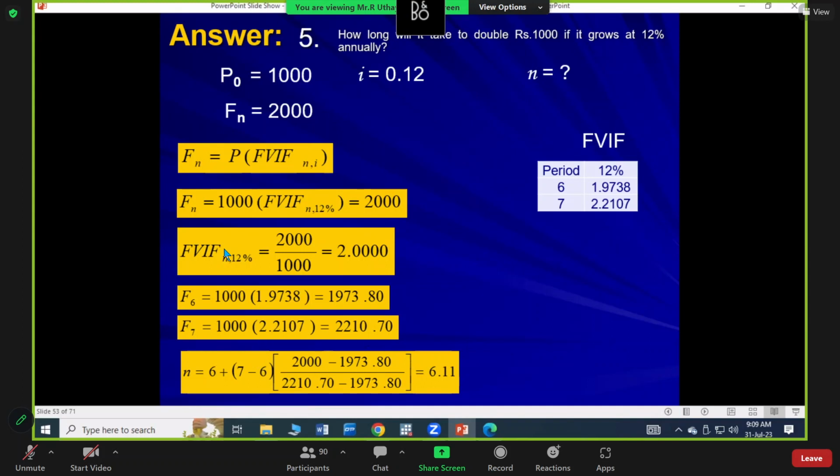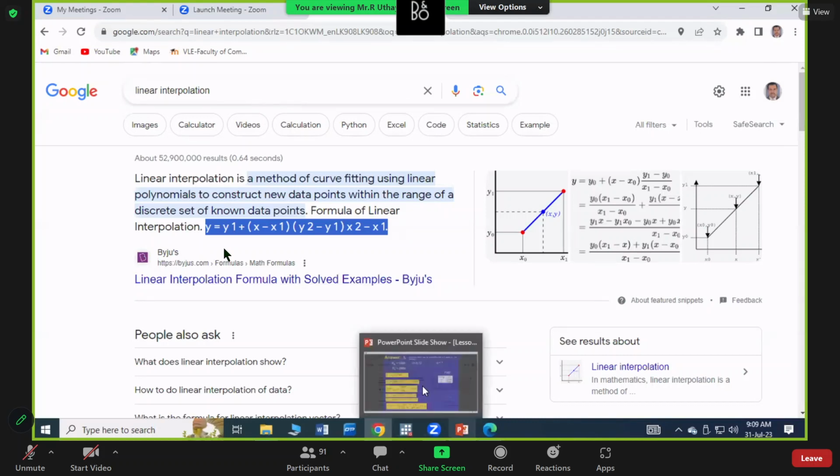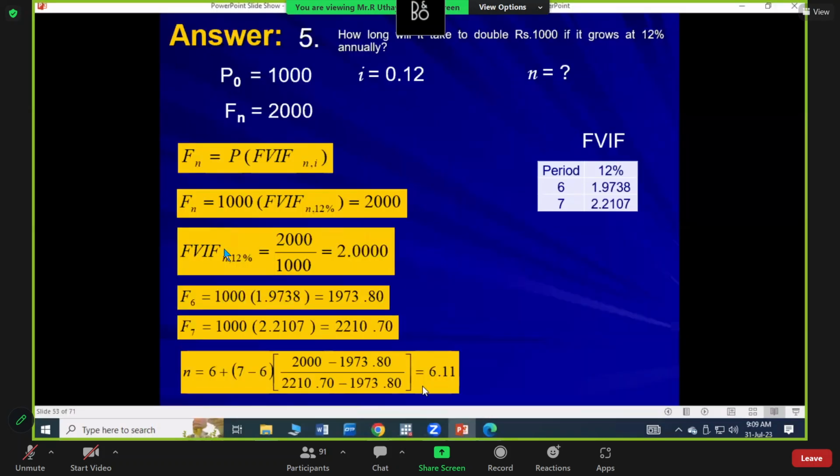You get the difference as x minus x1. Then you divide this by the future value at the higher rate, 2210, minus the lower rate.